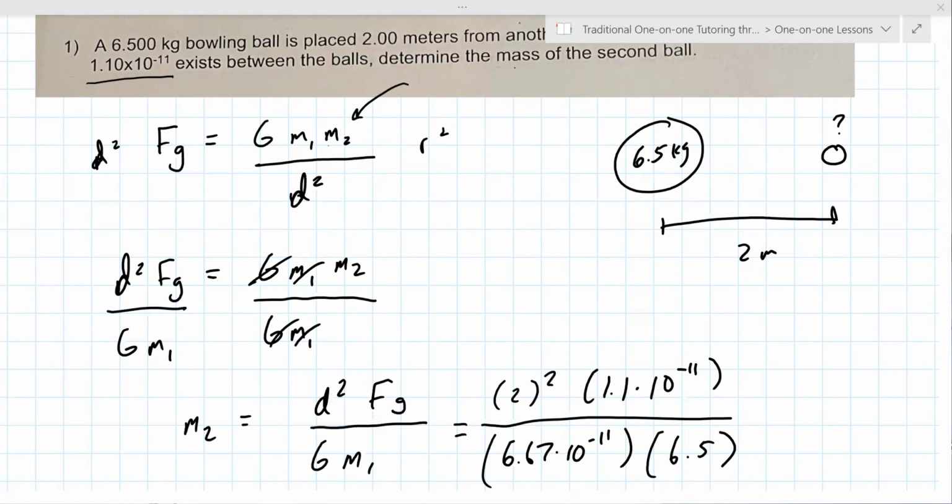Okay, so I get 0.101 kilograms. Okay, that's what I got too. Fantastic.